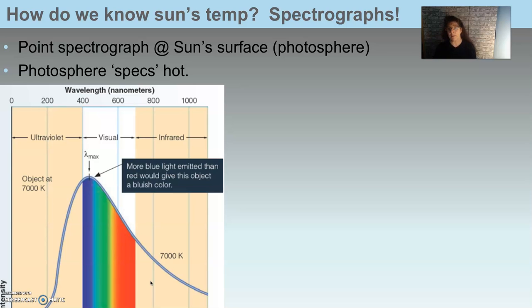So we can know a little bit about the sun's temperature from spectrographs, but we can talk about that even more. When we point the spectrograph at the sun, we are taking the spectrographic data from the photosphere.